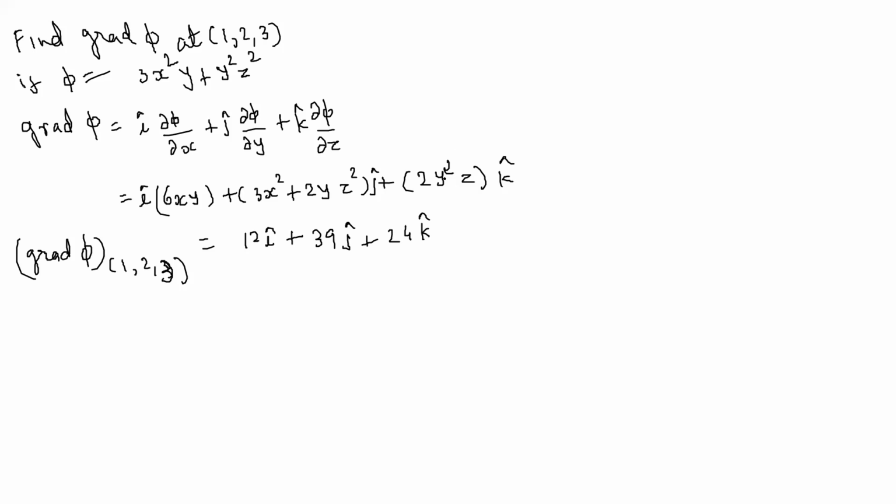Now let me see how many are getting this answer. Shruti correct, Devya correct. Other students gave me incorrect answer. Please correct your answer. I'm going to give you next question now.